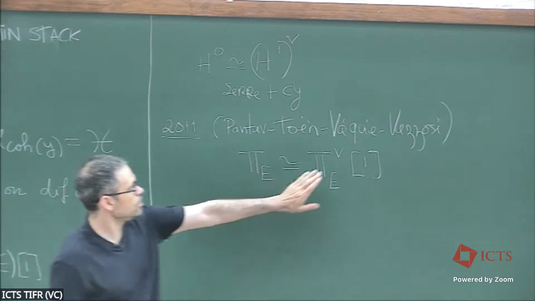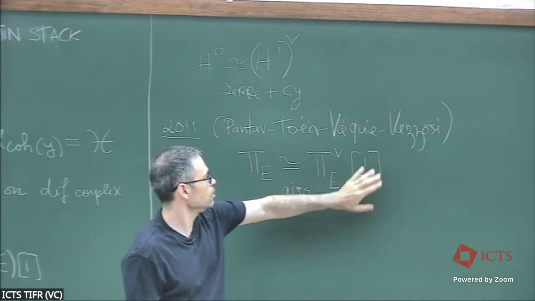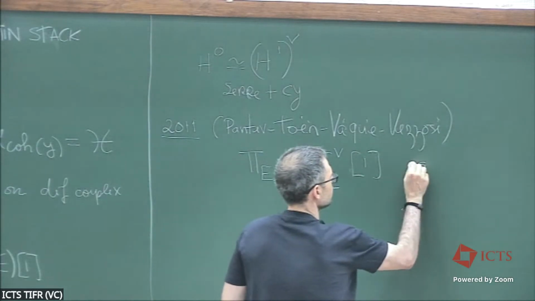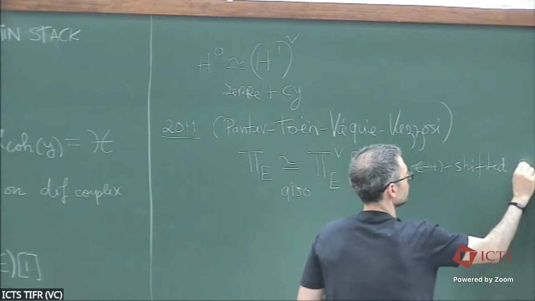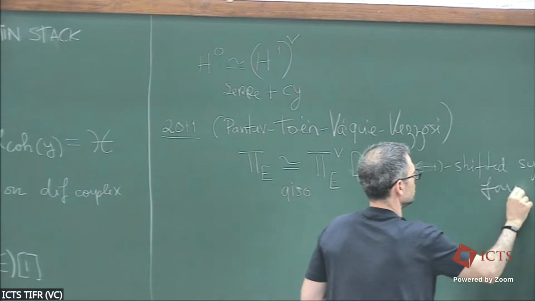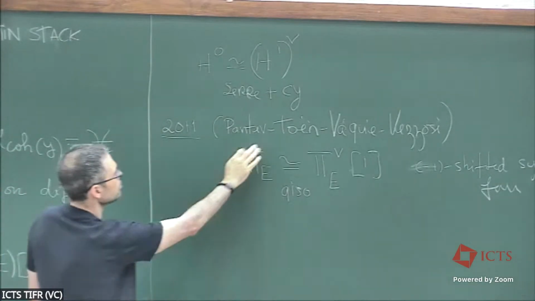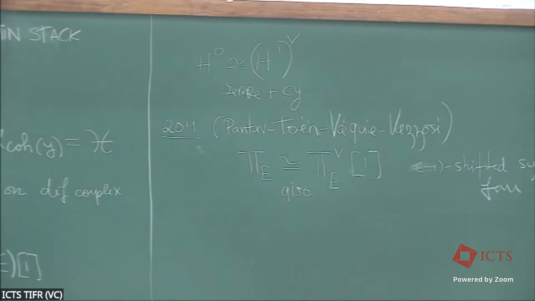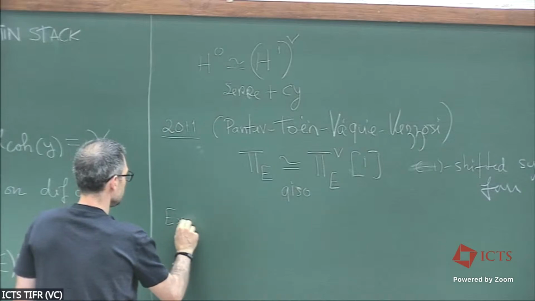If the shift was not here, this would be what you think of as a symplectic form. With the shift, this is called a -1 shifted symplectic form. Since the moment they understood this, the subject opened up in many different directions. But before going further in time, let me just give you an example.